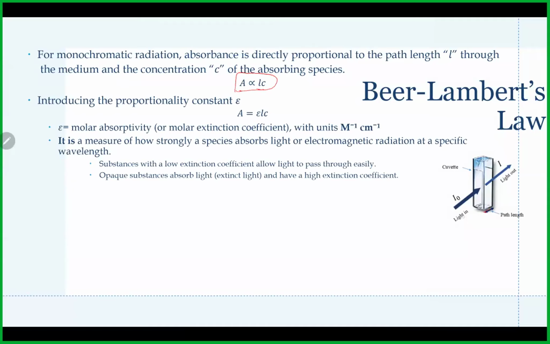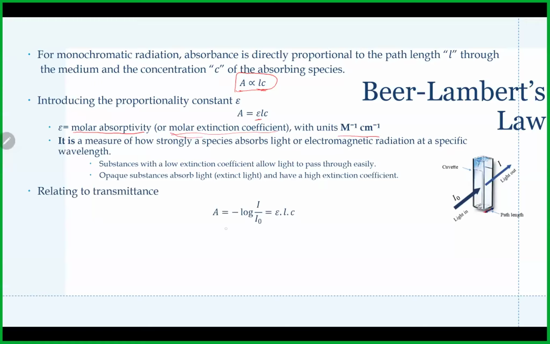And the longer the path the light travels through the sample, the higher the absorbance. And if you say proportionality, there's always a proportionality constant called the molar absorptivity, or, less often used, the extinction coefficient, with this unit.